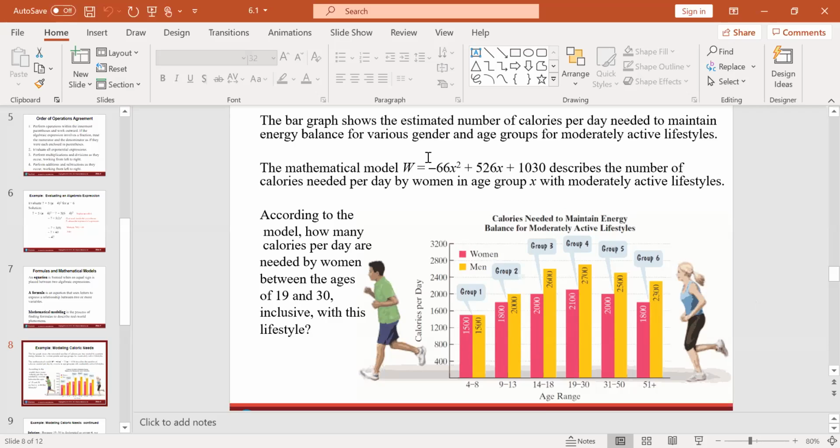So we can express this where we use the variable x to represent the age group. So this would be perhaps age group number 1. Age group number 2, you can plug in that value for x. Now, you can't do these computations perhaps without a calculator. You could, but you'll be at it for quite a while, and it's usually just not worth it.